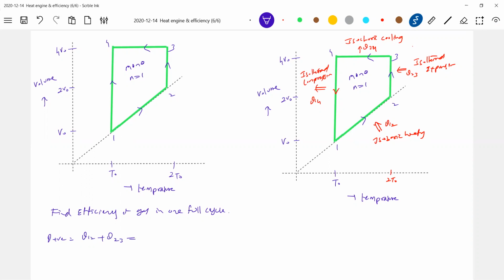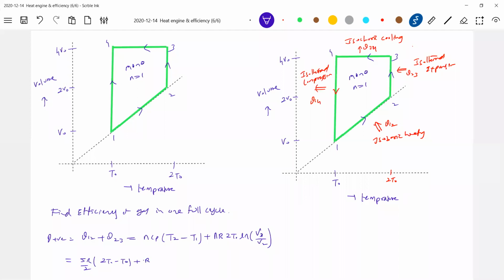Now what is Q12? Monatomic gas. Q12 is isobaric heating, no? So nCp(T2 minus T1), plus Q23, isothermal expansion, nRT0 ln(V3 by V2). Substituting: number of moles 1, Cp for monatomic gas is 5R by 2, times (2T0 minus T0).